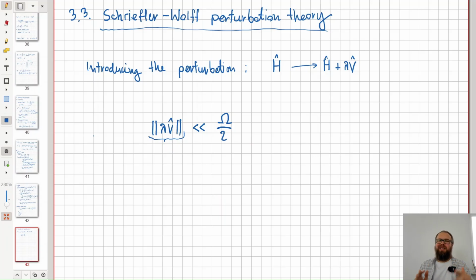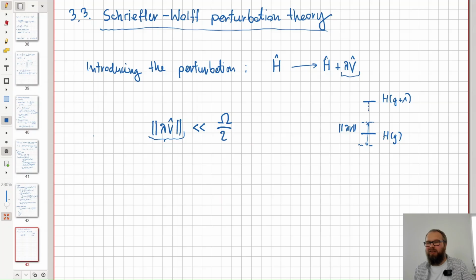So if we are here, drawing it vertically is just so wasteful. So that would be the original G plus 1, and that is the original G. So I add this perturbation here. This can be moved at most by lambda V, by the norm.